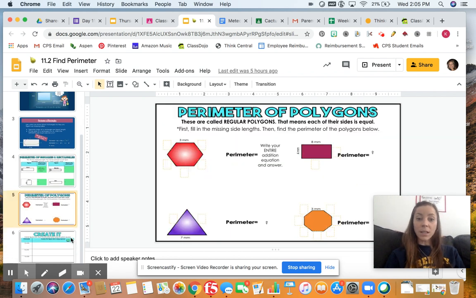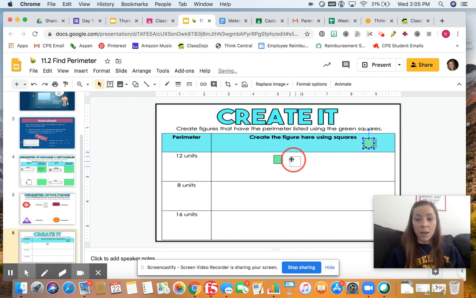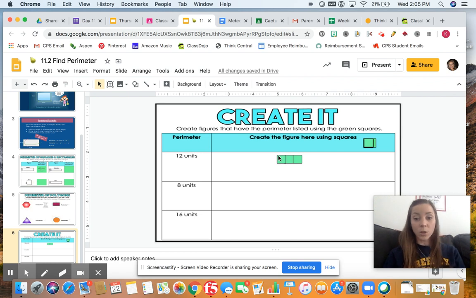Same thing for this slide. And the last slide is a little bit of a challenge. You're going to use these squares and drag them to make a shape. And that shape that you make is going to have 12 as the perimeter. Your squares need to connect. And just like we learned in the first lesson of perimeter, you could just count them one at a time around the outside. 1, 2, 3, 4, 5, 6, 7, 8.